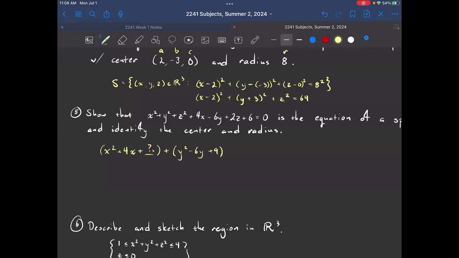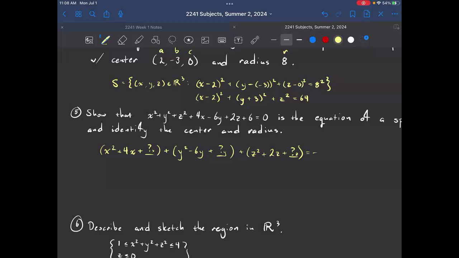Oh, sorry, I gave that away actually. That was supposed to be plus blank sub y. It's going to be a 9. And then z squared plus 2z plus blank question mark z. And then that last thing that we have is the 6.